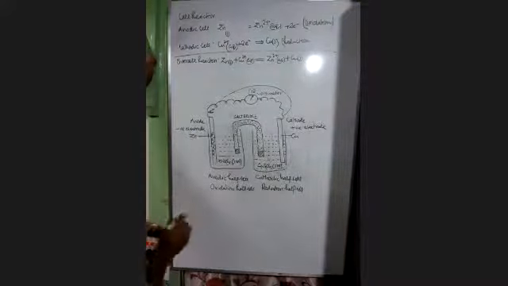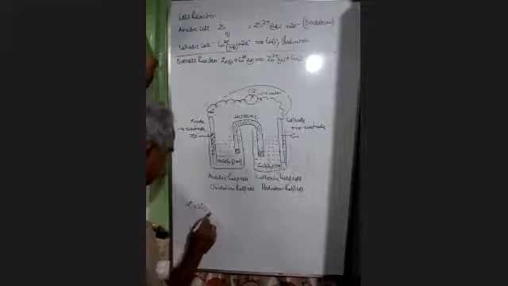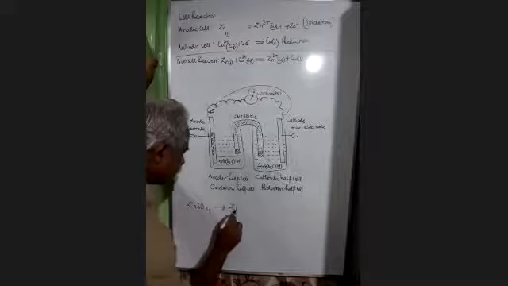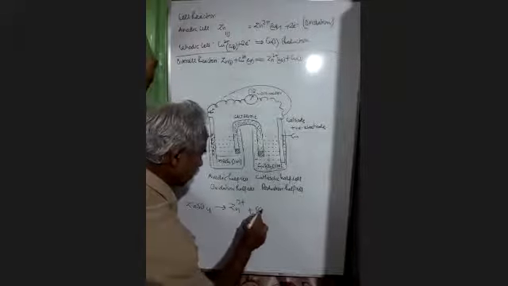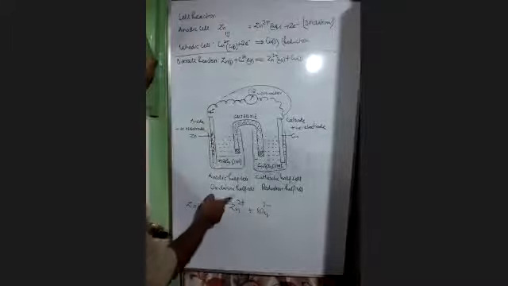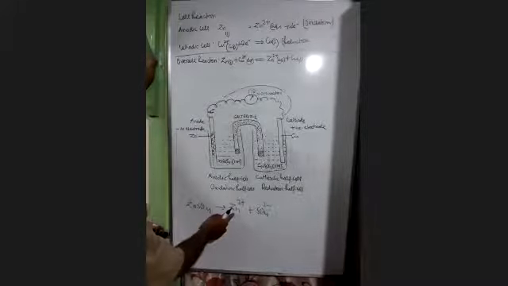Wait. Now see what is going to happen. Let me write here, zinc sulfate. When it undergoes dissociation, you have now zinc and you have sulfate. See, this is +2 and this is -2. For each zinc, one sulfate is there.